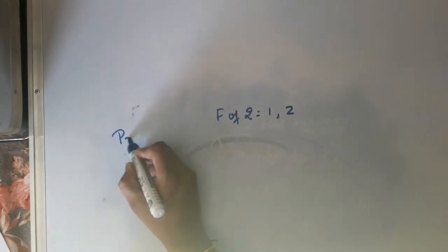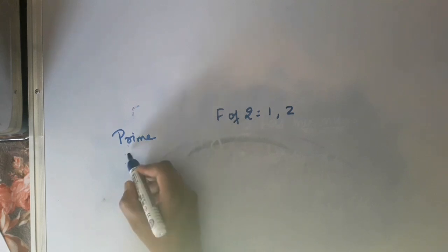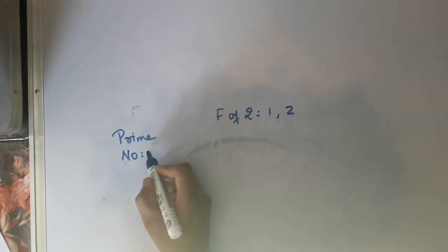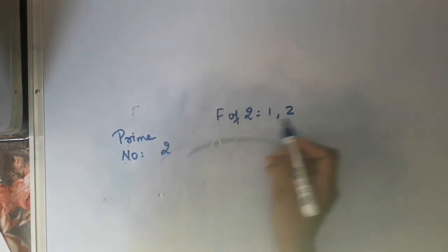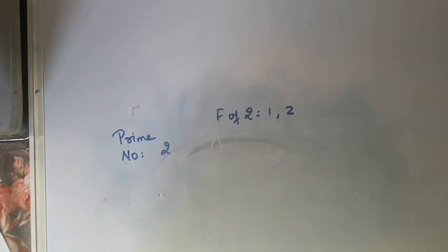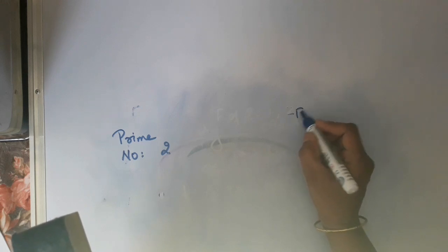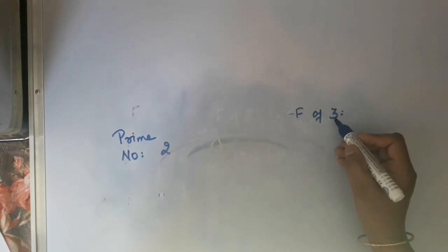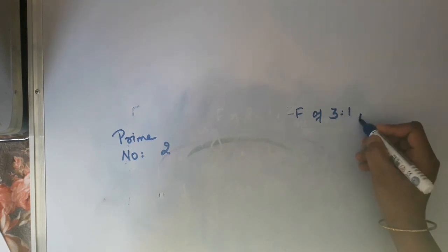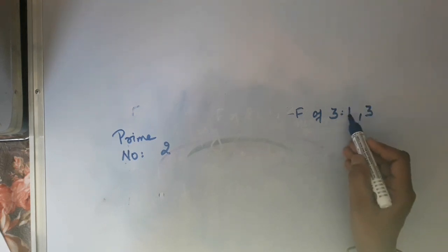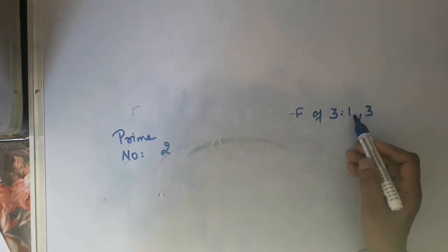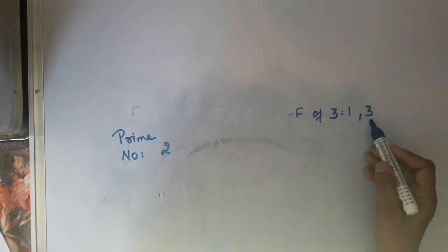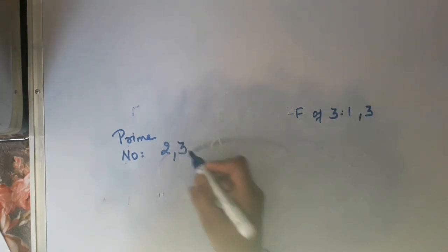So here, if I want to make a list of prime numbers, I can have one of the numbers as 2. The second number, suppose I want to find out the factors of 3, that means 3 comes in which table? 1 and 3. So 3 also has only two factors, 1 and the number itself. So 3 is also a prime number.